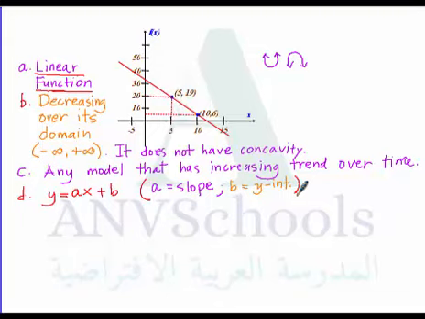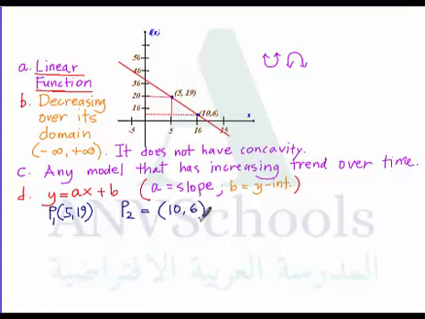Okay, we are given two points here. So let's specify the points. We have point 1 (5, 19) and point 2 (10, 6).